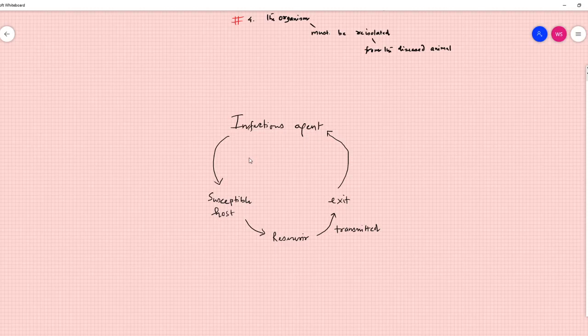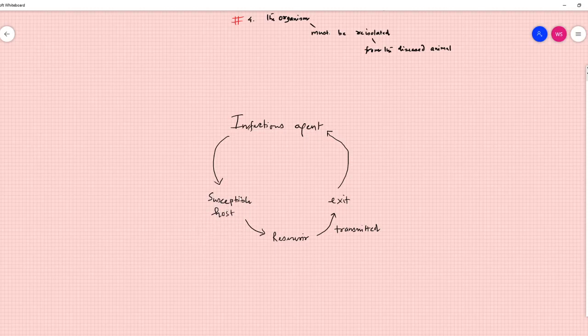So let's review. There is now an infectious agent which we have defined above, and that infectious agent gets into a susceptible host. So what is a susceptible host? A host in which this infectious agent can establish itself and then cause an infection. Then that infection in turn becomes a disease.